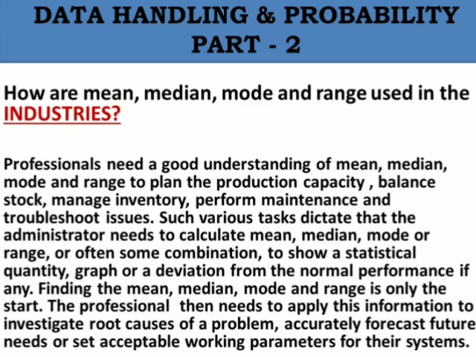Professionals need a good understanding of mean, median, mode, and range to plan the production capacity, balance stock, manage inventory, perform maintenance, and troubleshoot issues. Such various tasks dictate that the administrator needs to calculate the values or sometimes even combination of values to show a statistical quantity, graph, or a deviation from the normal performance, if any.